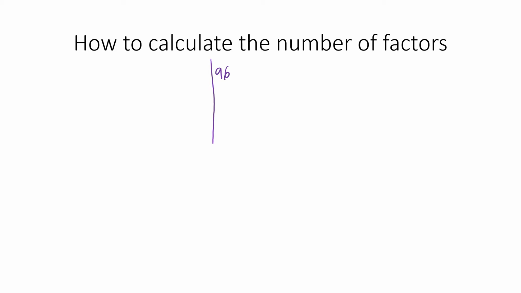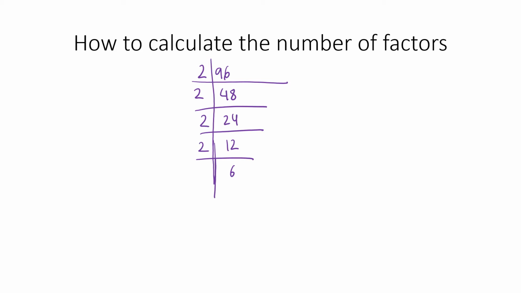So let's start with drawing our table here. I'll start with 2. It divides and goes 48. Once again, 2, 24, 2, 12, 2, 6, and lastly, 2, 3. You can go one more step by getting the 3 and then 1 if you like, but you can also just stop there.